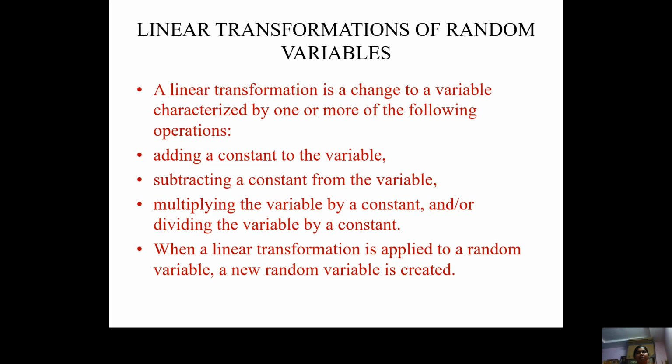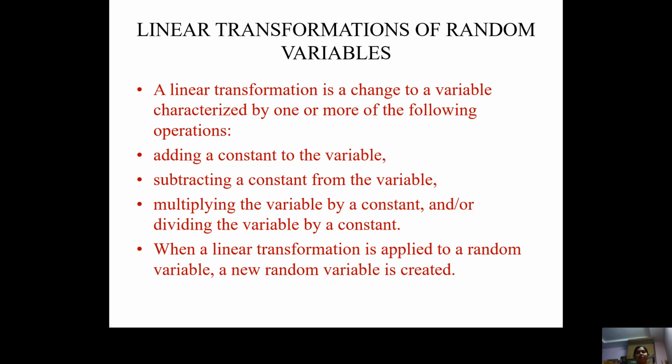The first one is adding a constant to the variable. When we add any constant value to the random variable, we apply one type of linear transformation. Similarly, subtracting a constant from the variable, multiplying the variable by a constant, or dividing the variable by a constant.